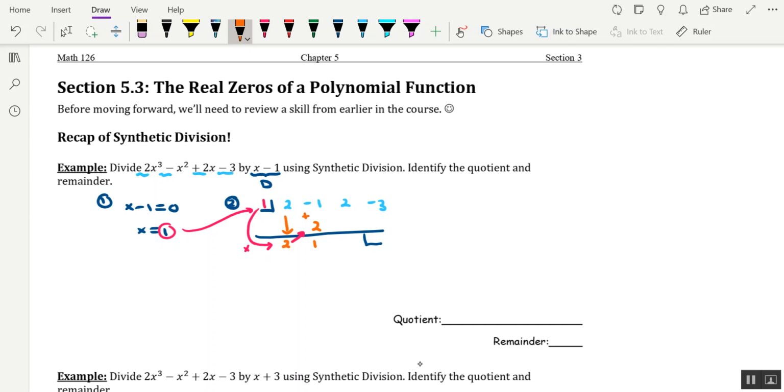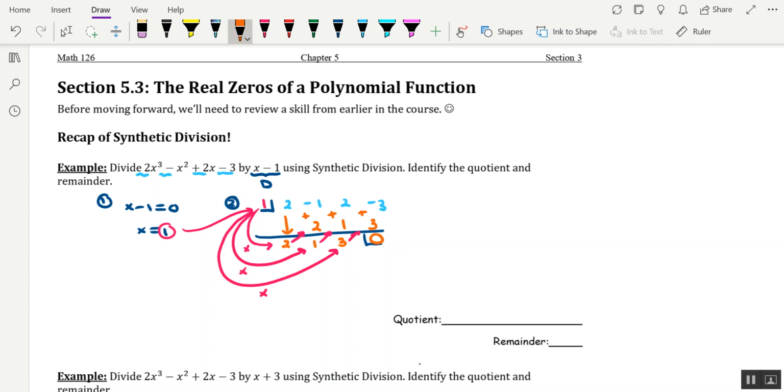That gives us a 1, and we repeat this process until we get to the second half box. 1 times 1 is 1. Add it down, we get 3, and then 1 times 3 is positive 3. Adding these down, we get 0. So that is the synthetic division.